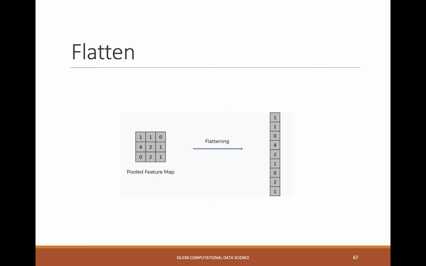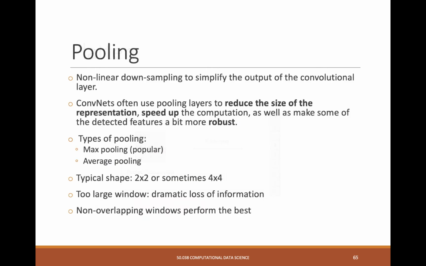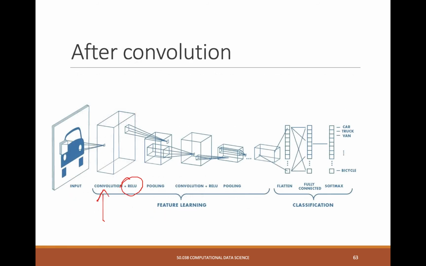And then finally, so we had convolution, activation layer, pooling. After we're done with all the convolutions and we've repeated this, we flatten the layer. Let me just go back to this image here. We do convolution, repeating that as many times as you want. Then we are at the flatten stage.